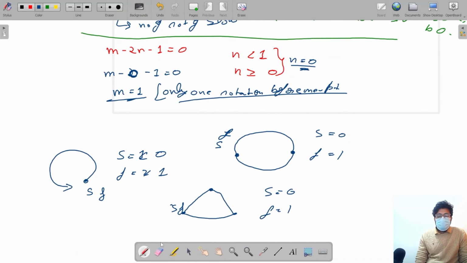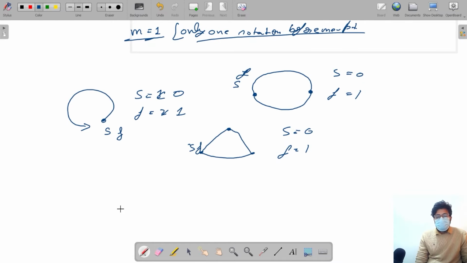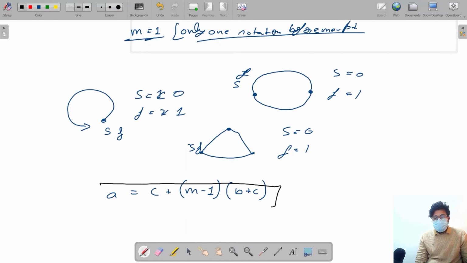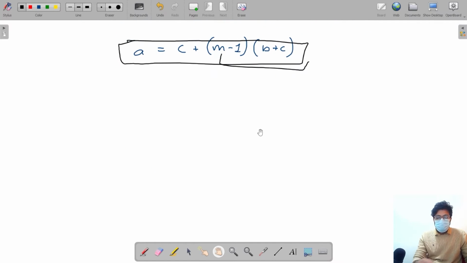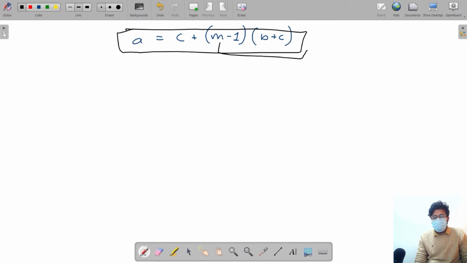Now from these things we can derive our formula. That A is equal to C plus (M minus 1) times (B plus C). And M is the number of rotations before the meeting point, if you remember. So here you can see that if M is equal to 1, A is equal to C, because this term will be 0.